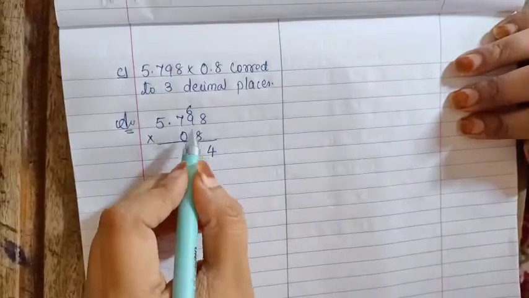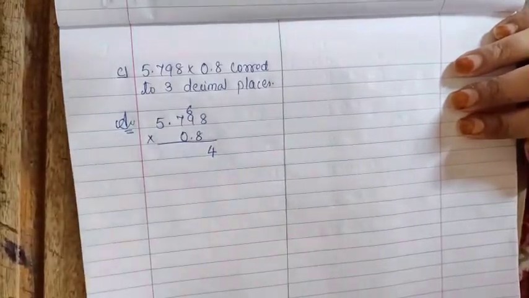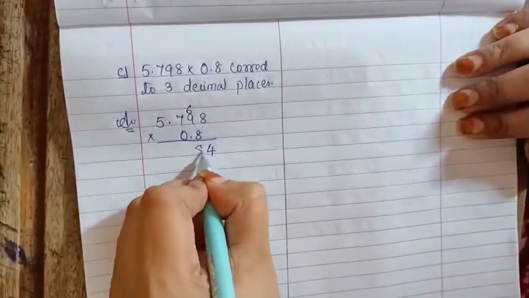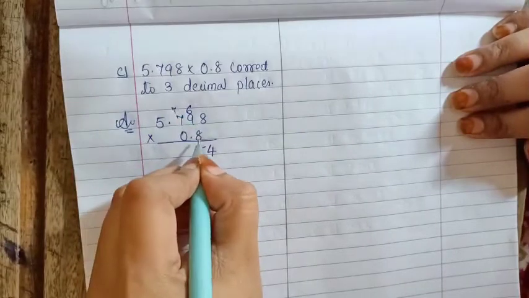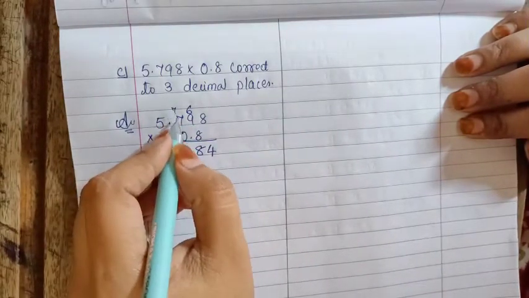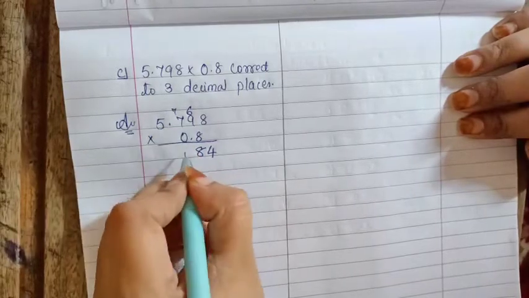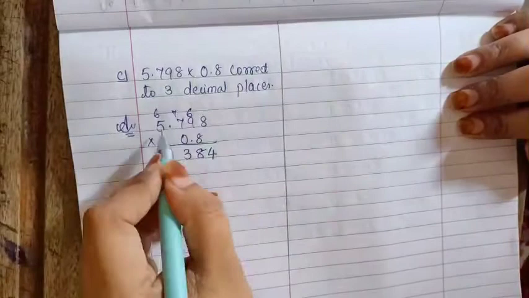Then 8 9s are 72. 72 plus 6 is 78. So 8 is here, 7 carry. Now 8 7s are 56. 56 plus 7 is 63. So 3 and 6 carry. 8 5s are 40. 40 plus 6 is 46.